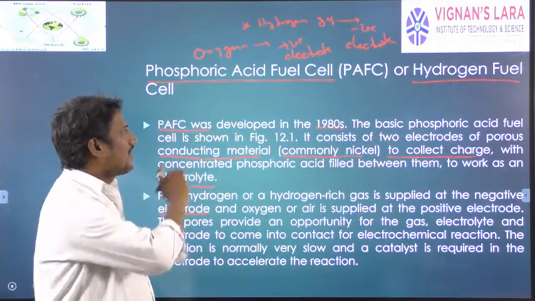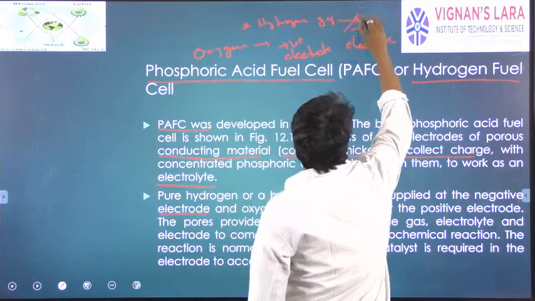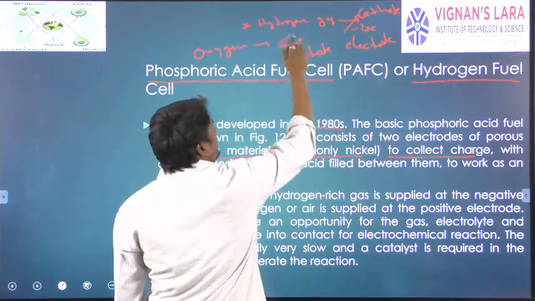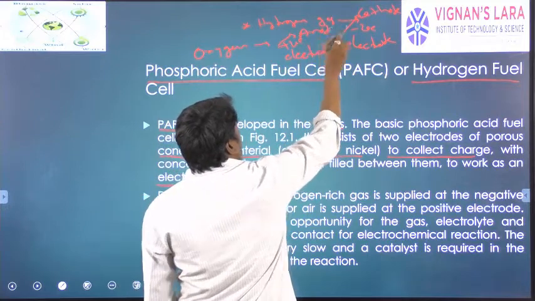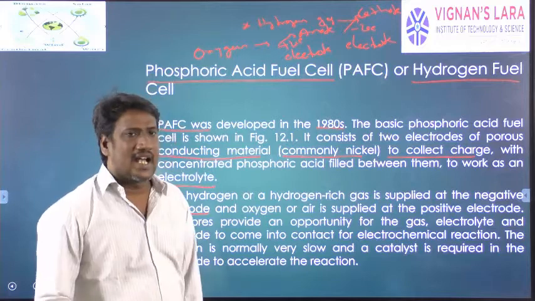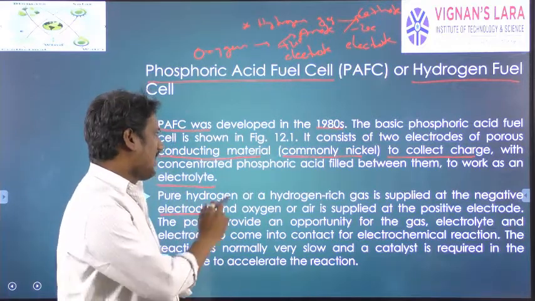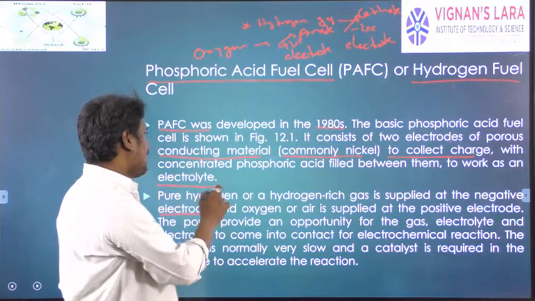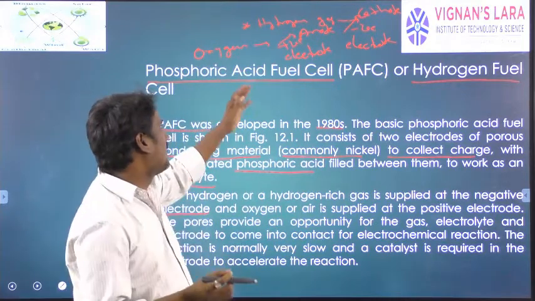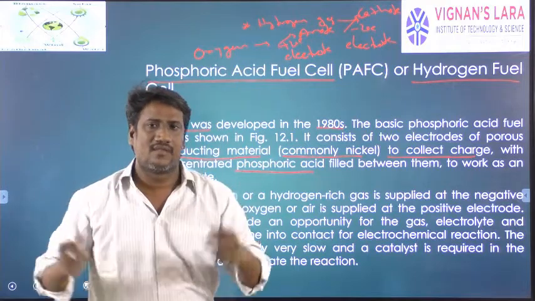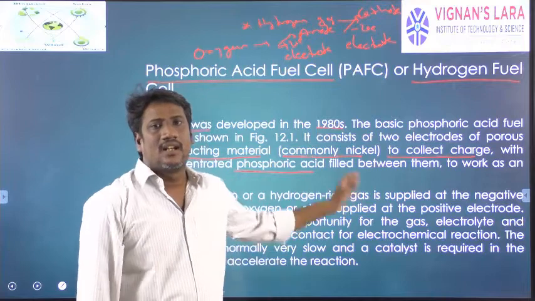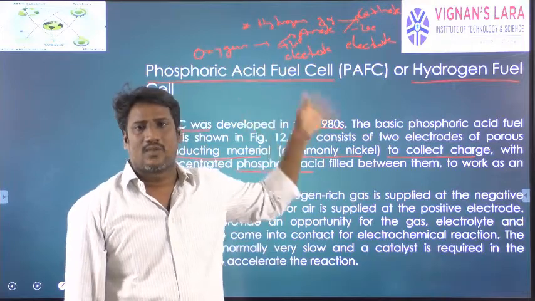The negative electrode is called the cathode, and the positive electrode is called the anode. So finally, the negative electrode will fill up with hydrogen, the positive electrode will fill up with oxygen, and this whole arrangement will be immersed in the phosphoric acid electrolyte.